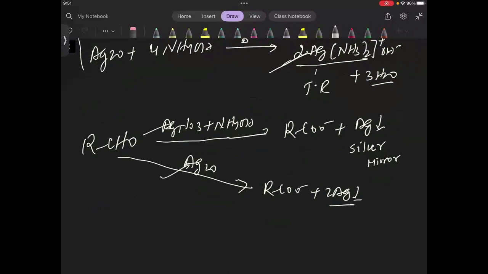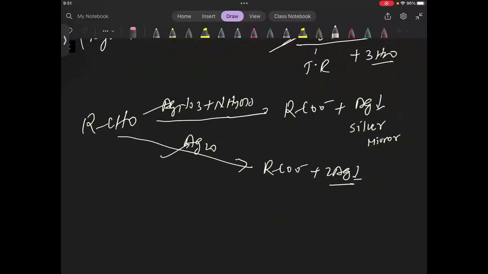All the ways are correct, but I would advise the board students watching this video to write the NCERT equation exactly as given: RCHO plus 2 moles of [Ag(NH3)2]+ plus 3 moles of OH-.